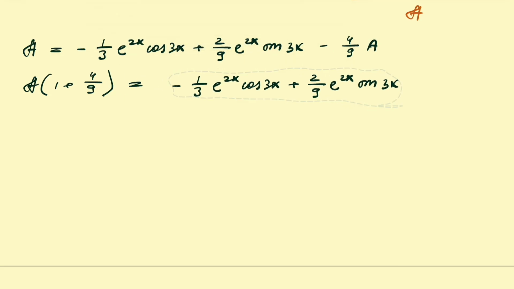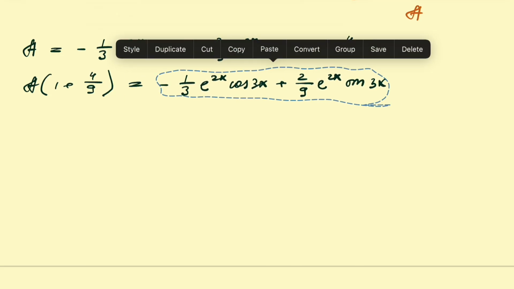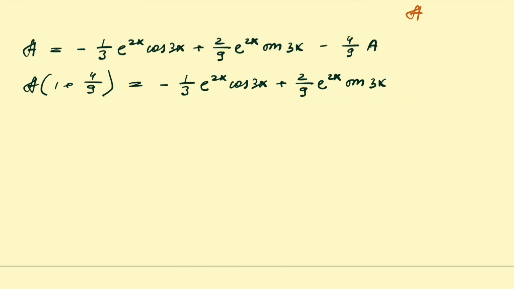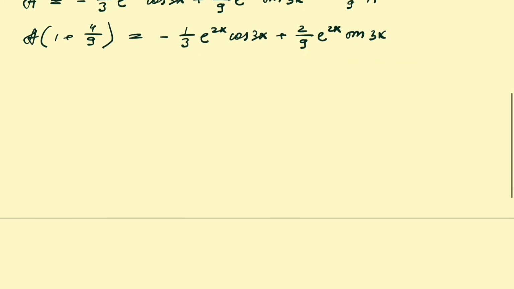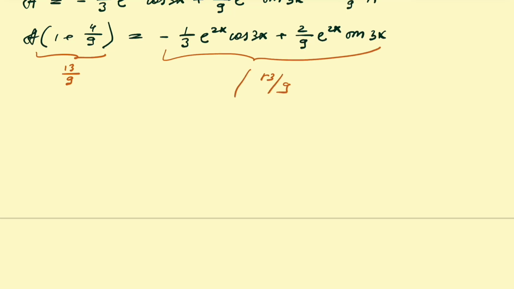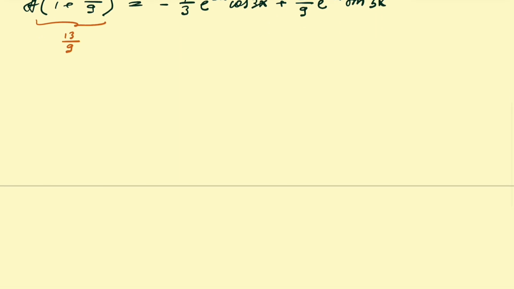Making use of this, I can reduce some time here. Well, this will be 13 over 9, right? So which means that we need to divide both sides of this equation by 13 over 9 to get the value we want.